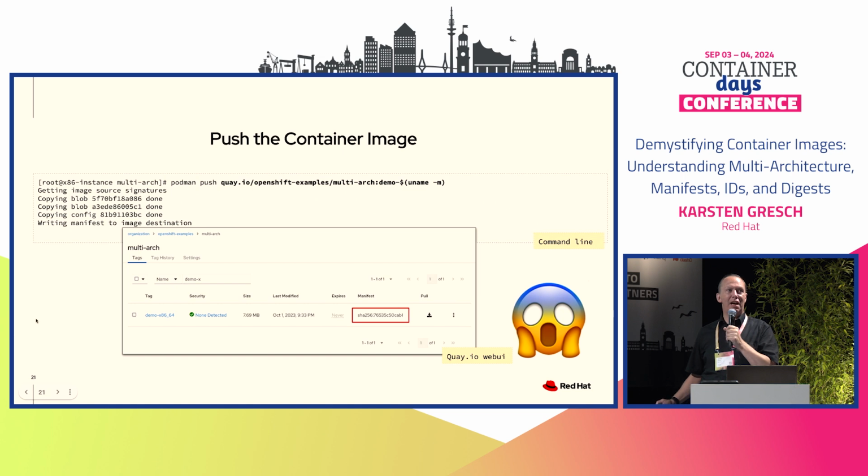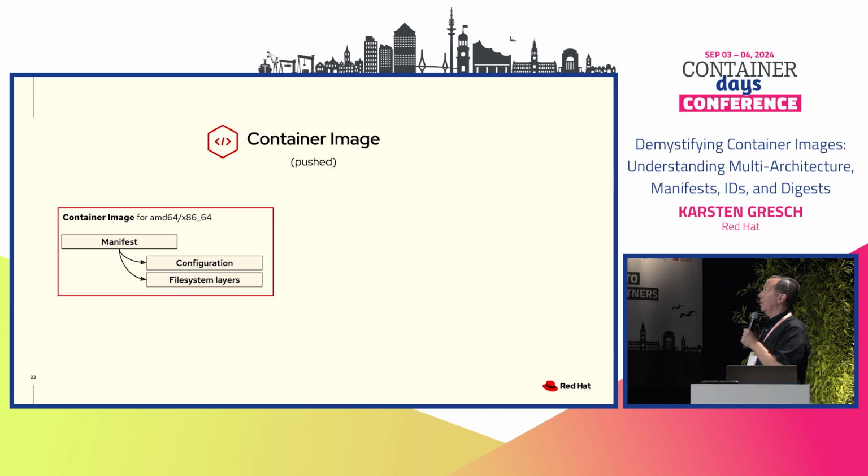I just met one person here who also found out that it is working like this. Basically, when you create something locally, you would expect that the manifest SHA value, so the digest, is the same, but it's not. It actually changes when you push to a registry. So in a way, it's scary, right? I find it a little bit scary.